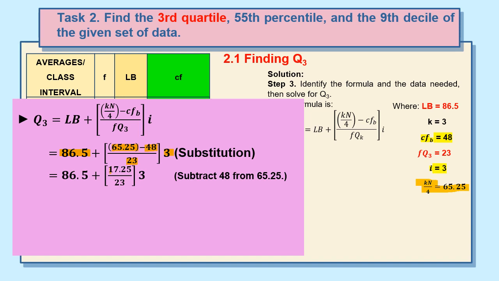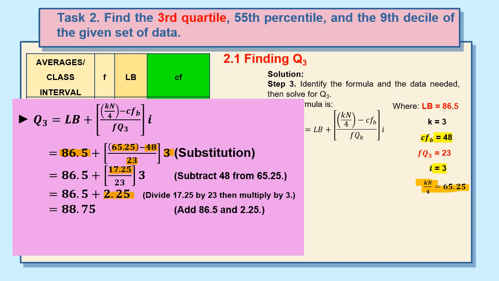We have 17.25. And then we divide 17.25 by 23, then multiply it by 3, we have 2.25. So after that, we add 86.5 and 2.25, we have 88.75. Therefore, our third quartile is 88.75.